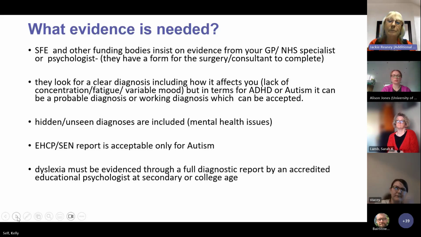And again, Student Finance England will say, no, we need a full report done at secondary school age or above that will state dyslexia or an SPLD like dyspraxia, dysgraphia. We can advise you on getting that done. We all do the same job as advisors in each institution. We'll advise you on how to get that report upgraded to be one that will not be rejected when you get to Student Finance England.